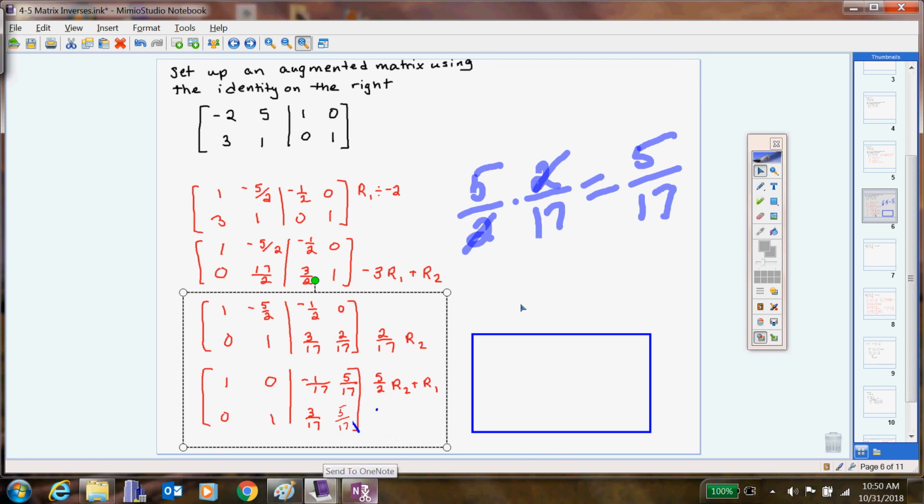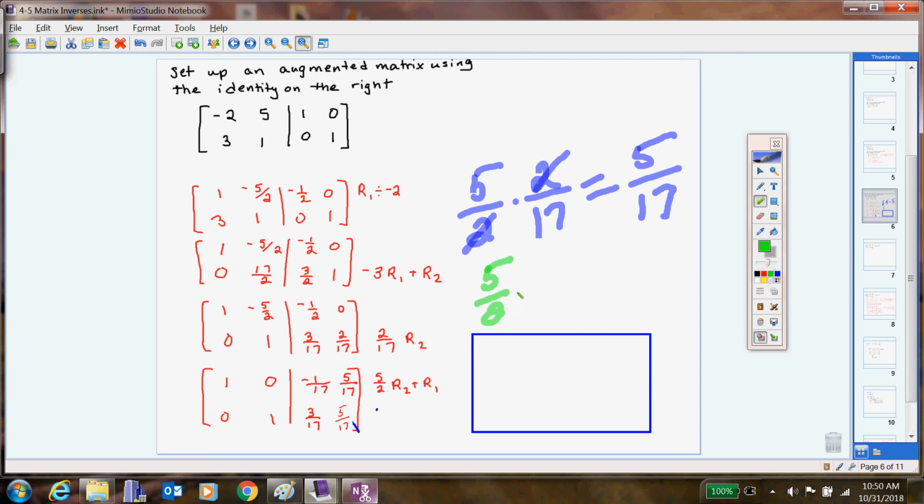So 5/17, and then this one would be... did I mess this one up too? I think so. But this is actually very good because we're taking 5 over 2 times row 1 times row 2, 3/17. And that equals 15/34.